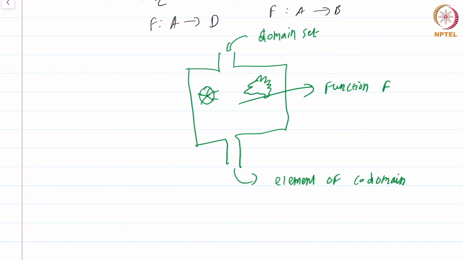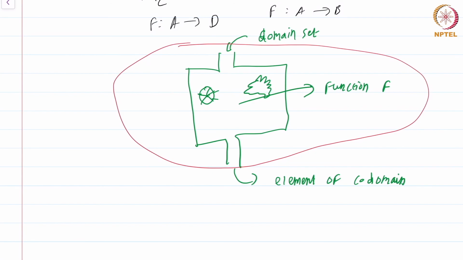So a function technically has three parts. There is this machine, there is this domain set, and there is this codomain set. You have to specify all three to specify a function fully. But again, abuse of notation, more often than not, we will just treat the function as this middle part, which is this apparatus. Okay.